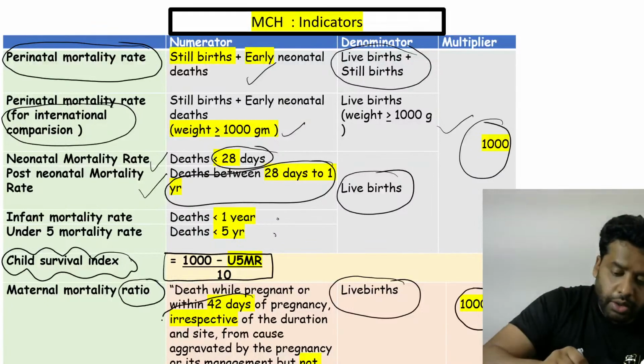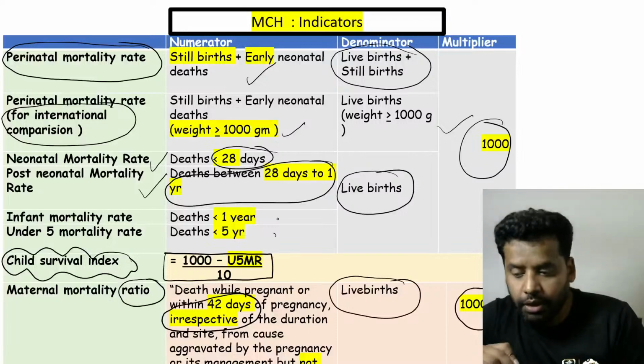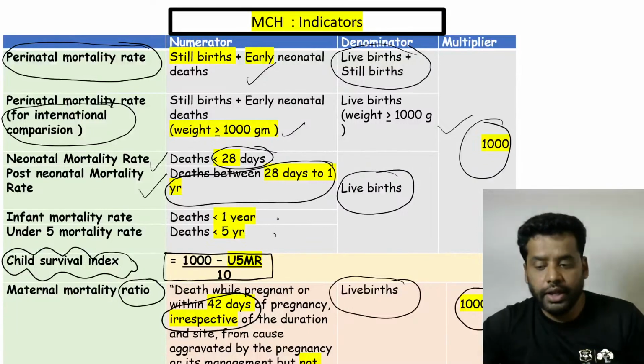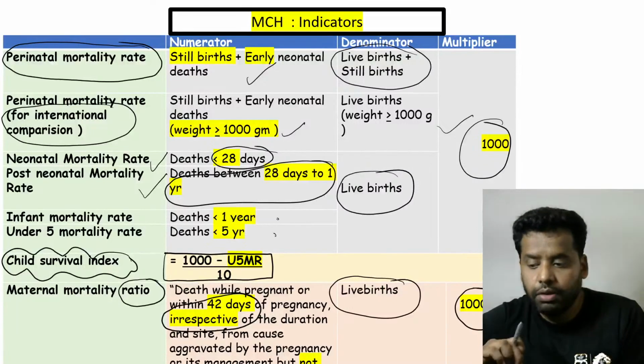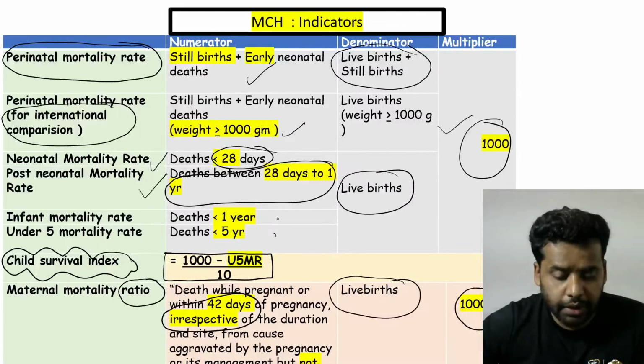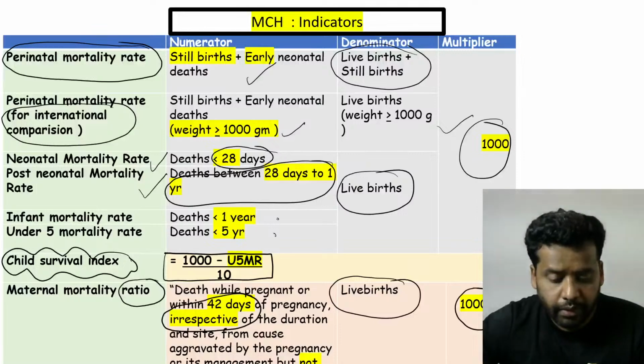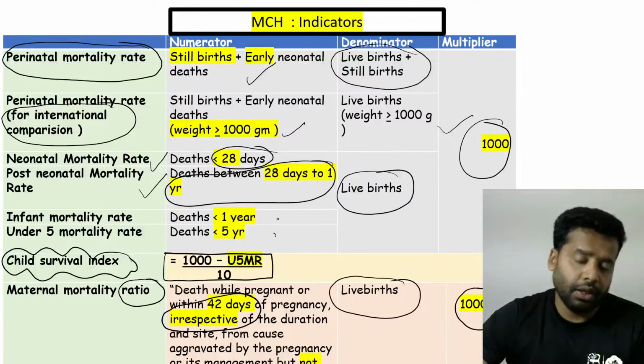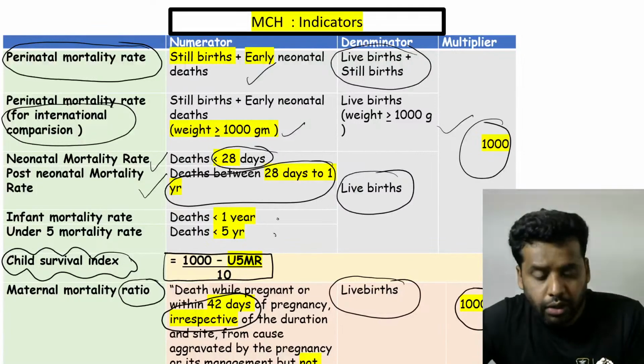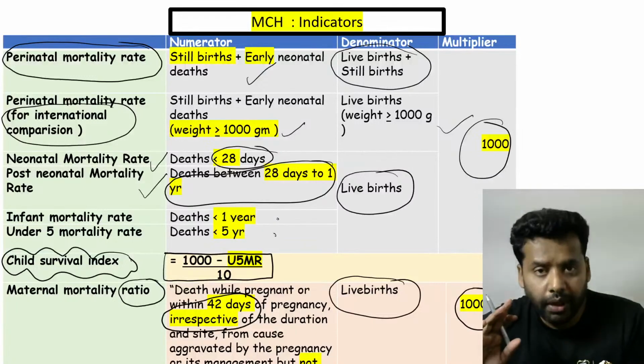Death within 42 days. This is the time limit. Death within 42 days, irrespective of the duration and site. Keep these words in mind. And not from accidental causes. Suicide, homicides will not be counted.